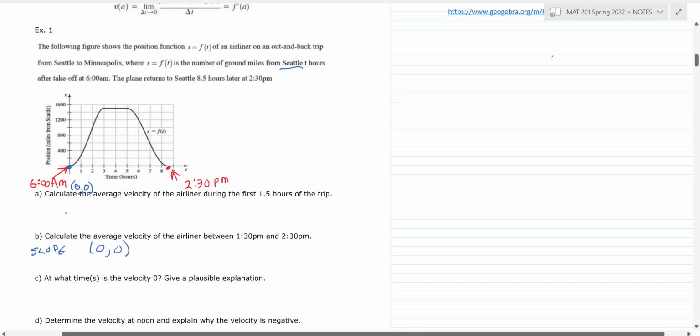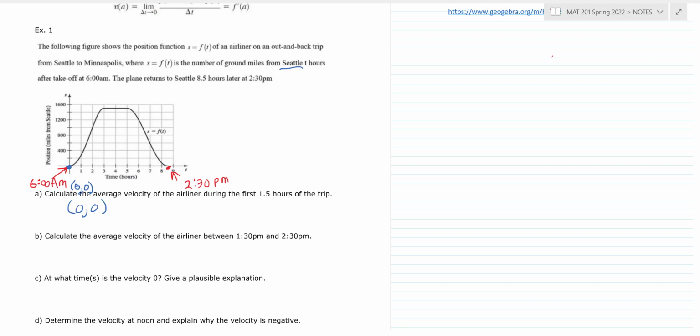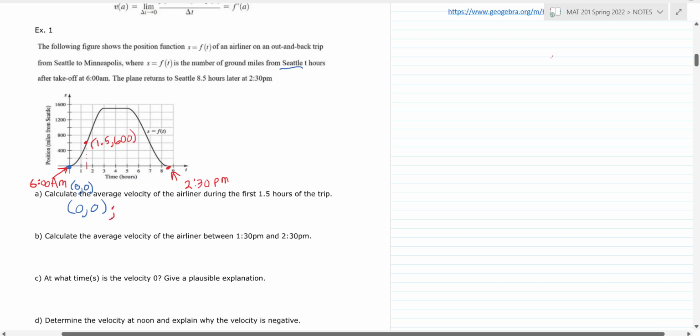Then at 1:30, we're doing the first 1.5 hours of the trip, so we go up to the function. That gives you a point. After 1.5 hours, it looks like you have displaced 600. So your second point is a time of 1.5 hours and a displacement of 600.